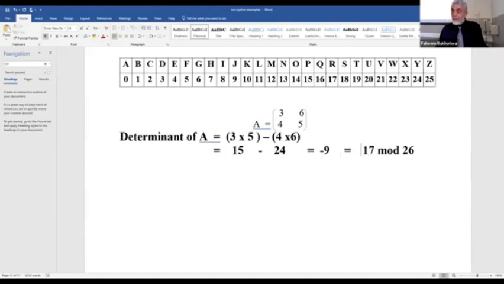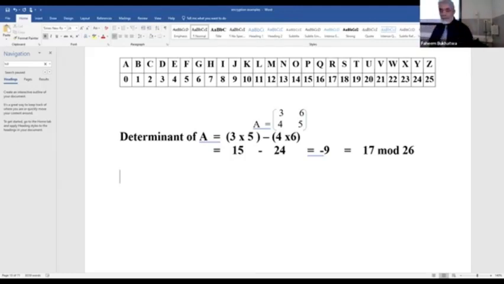Okay, so the determinant is 17. So does this matrix have an inverse? If the determinant, which is 17, is odd and it's not 13, then this determinant has an inverse.